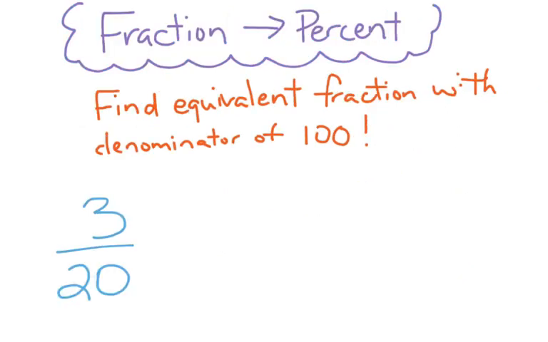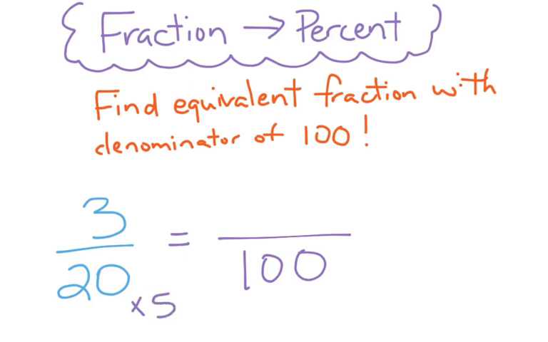There you go. When you want to go from a fraction to a percent, it's pretty similar to when we were turning fractions into decimals. We were looking for a place value number like 10, 100, or 1,000. Well, if percents are out of 100, you're looking for that 100 denominator. And sometimes it's going to be easy, like this example. I can very easily convert 3/20 to have a denominator of 100 by multiplying 20 times 5.